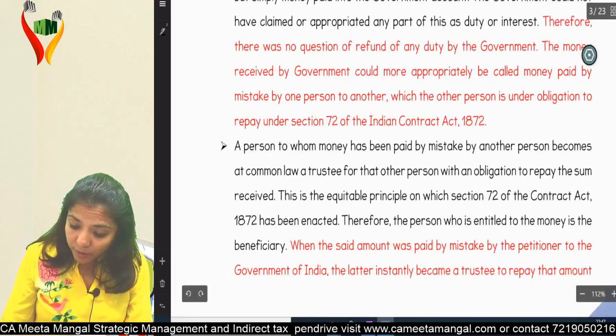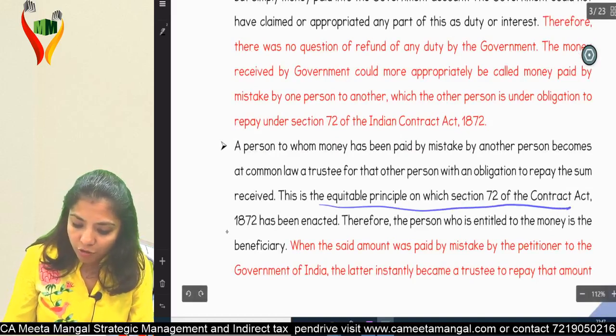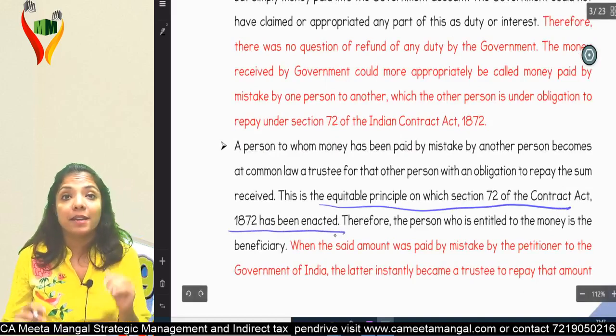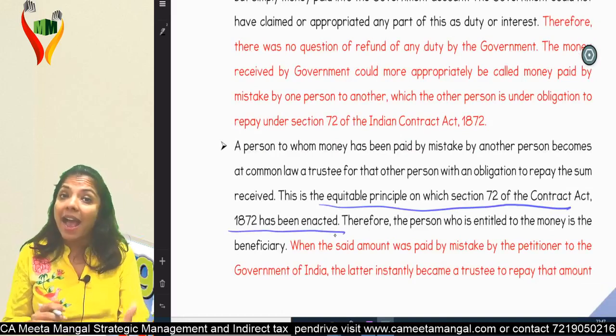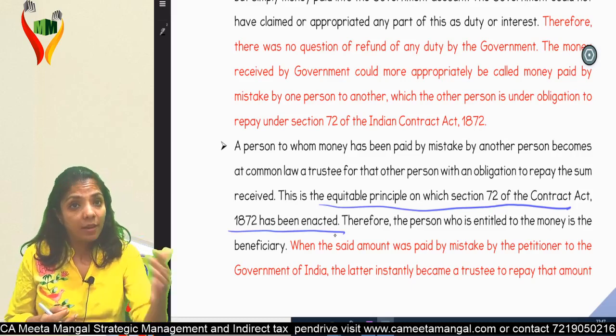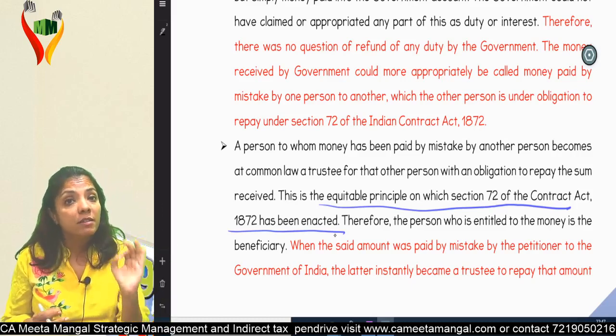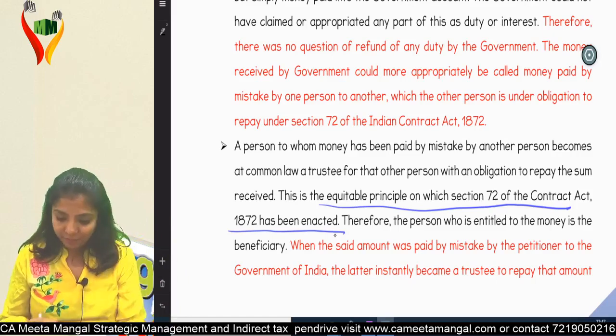This is the equitable principle on which Section 72 of the Contract Act 1872 has been enacted.